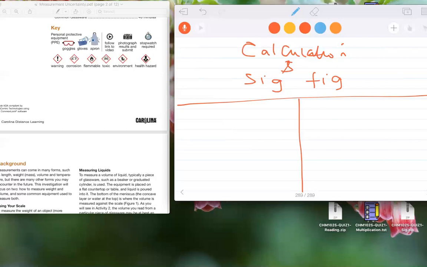You should go with the rules of significant figures. I'm going to split into two the types of calculation you will encounter. We will limit ourselves to addition and subtraction.